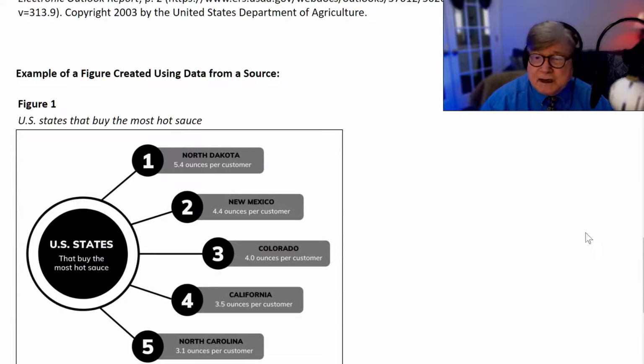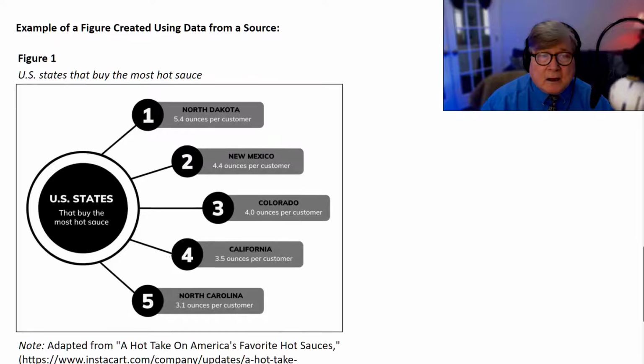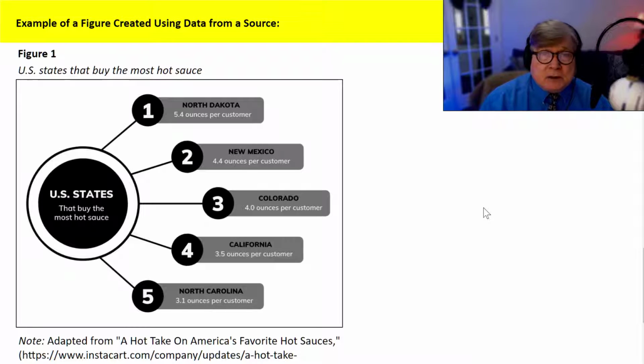Now, here's an example of a figure that I recreated using the data I got from the original source. In other words, I use my table creation tool. I use my graph creation tool. I use my infographics creation tool. The only thing I used from the original was its data. But notice it's the same.